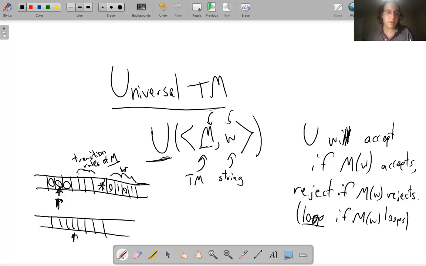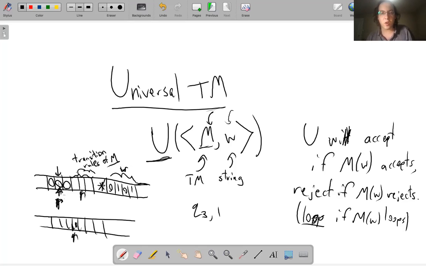So we will basically want to go back and forth, find the transition rule that matches both the highlighted state we're in, like we're in state Q3 right now, and also what we are seeing at the tape head, the string 1 or something, and then we want a transition rule that tells us what to do from there, and that transition rule is somewhere in the description of M. So if we have the description of M over here, we will try to look for a transition rule that matches exactly that.